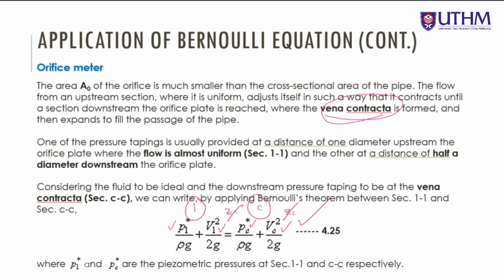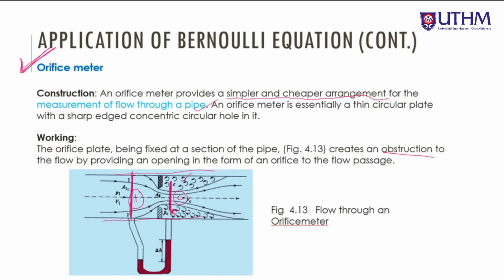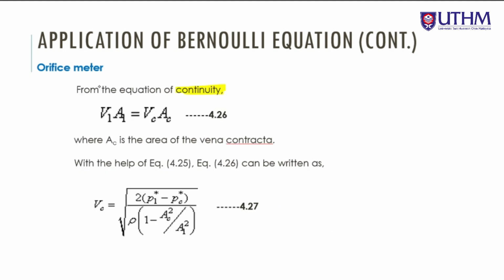And this one is based on the Bernoulli theorem. And as usual, when we do flow measurement, we must also consider continuity. Continuity means that what flows through here is the same as what flows through here. The volume flow rate here is the same as the volume flow rate here. So we have V1 A1 equals VC AC, where AC is the area of the vena contracta.